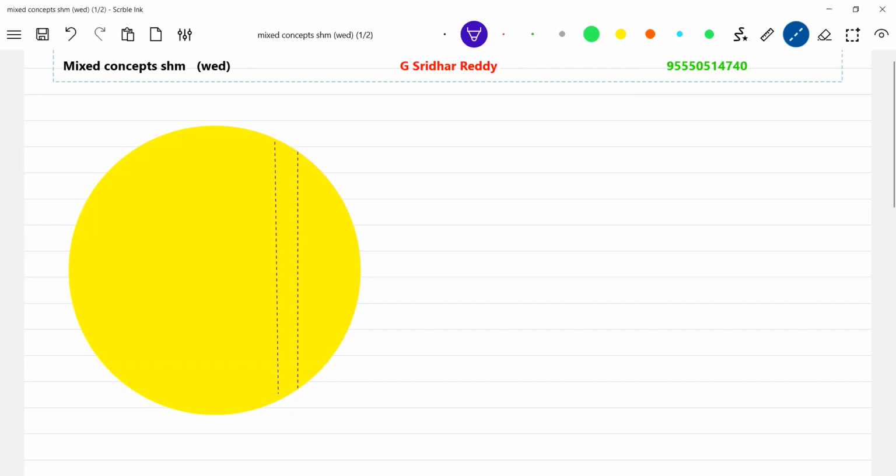A tunnel is made in this. Okay, this is R and it is made at R by 2. Okay, what is this? This everything is a tunnel. And I'll shade it.